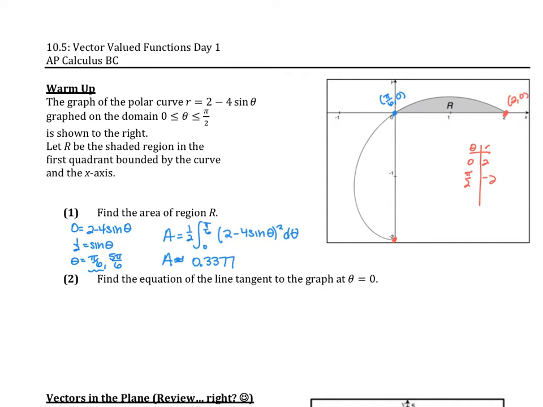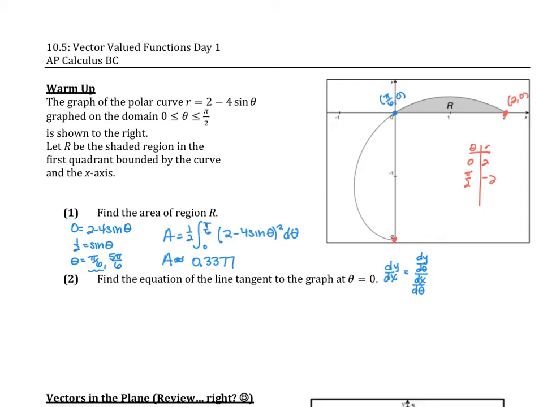To do that with polar, remember we are going to find the slope, which we are going to call dy/dx. And dy/dx is dy/d theta over dx/d theta. So I need to go through and find dy/d theta and dx/d theta.